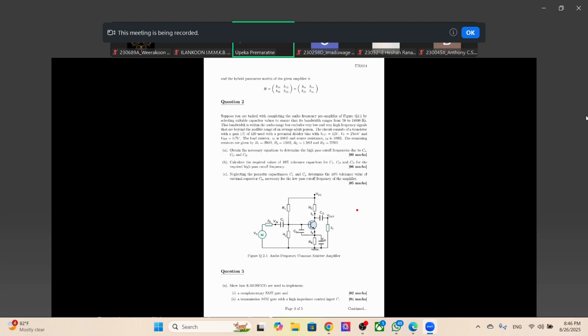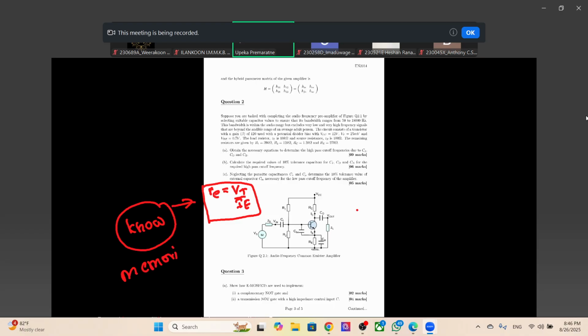So that means you have to be able to derive the input impedances, but when it comes to RE, you should know that it is VT divided by IE. This you have to know. So this is one equation that you have to memorize, and it's not very difficult also, isn't it?